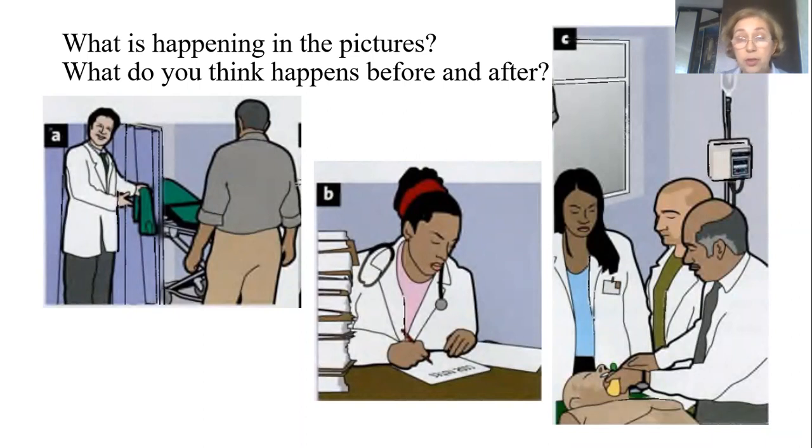Now, Zaina, picture C is for you. In picture C, we can see three doctors. One of them is working. I'm guessing this is the more professional doctor, an expert doctor. He's doing a procedure, and the other two doctors are just watching him to learn, I think. Maybe they're new doctors, or they don't know as much as the professional doctor. So they're understanding what's happening and how things go.